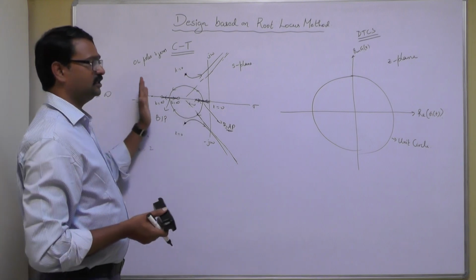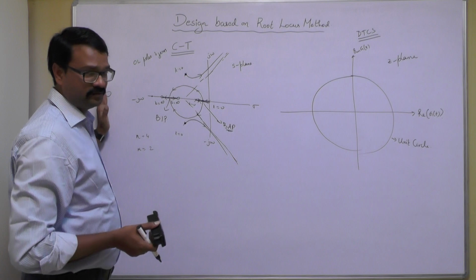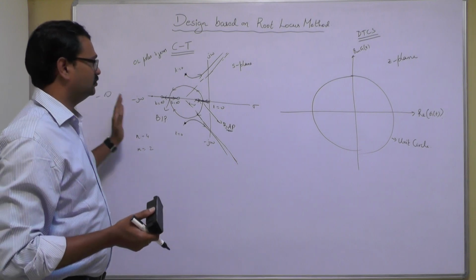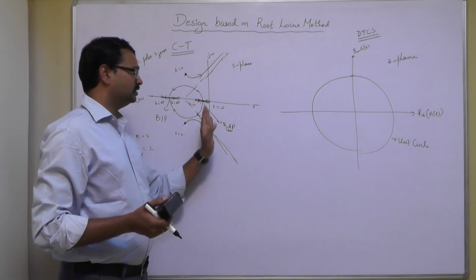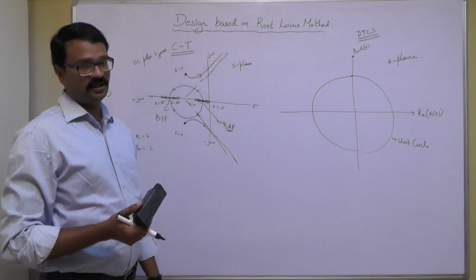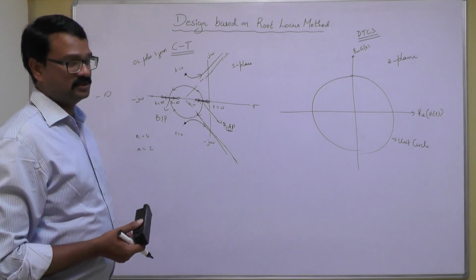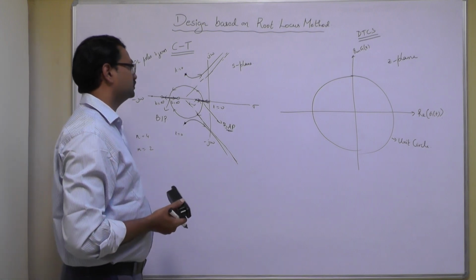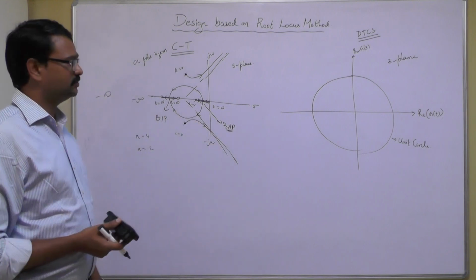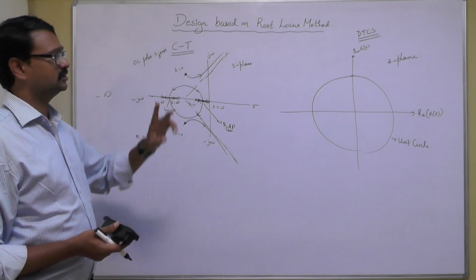Similarly, in the S-plane, poles and zeros in the left half of the S-plane contribute to the stability of the system. On the imaginary axis, they are marginally stable, and in the right half of the S-plane, they are unstable poles and zeros. Right. So this is the only difference between the S-plane and Z-plane with regard to the root locus method.